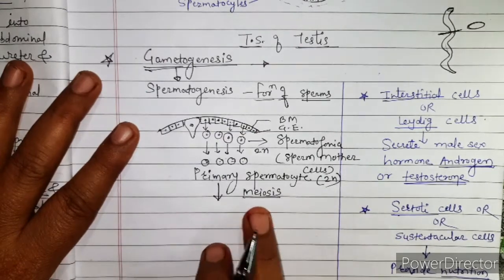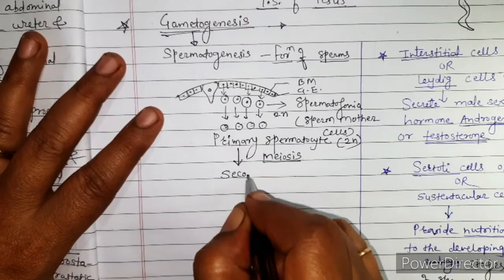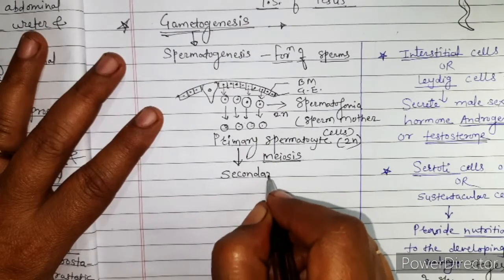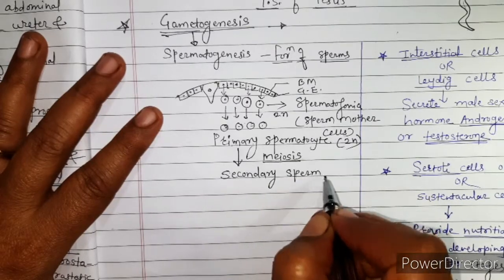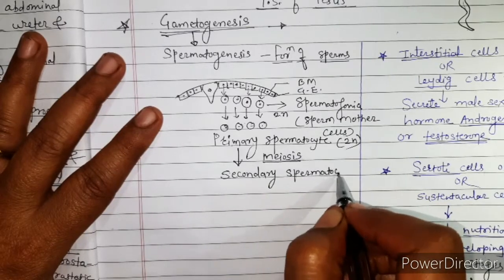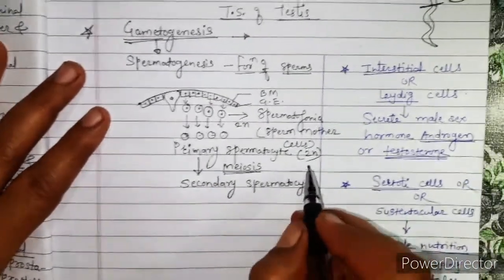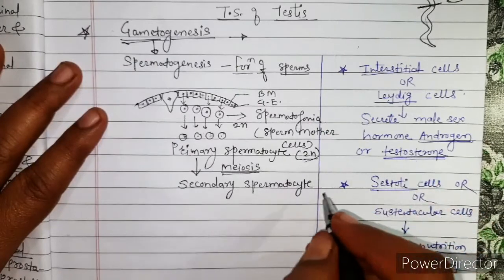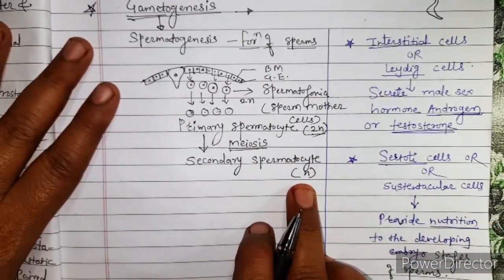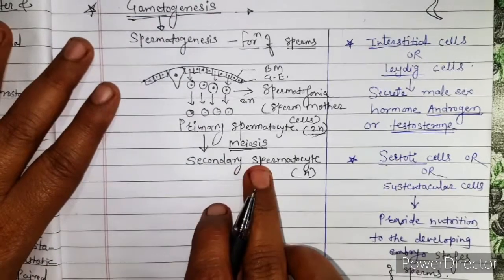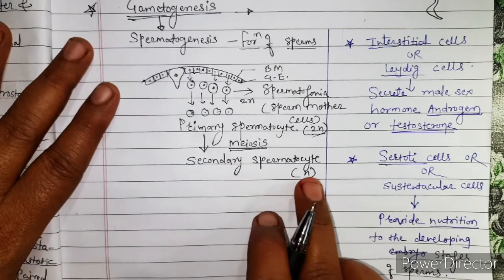You know that meiosis is a reduction division, and it produces the secondary spermatocyte. Due to meiosis, the number of chromosomes is reduced to half. So only one set of chromosomes is there in the secondary spermatocyte, denoted as 1n. 1n means haploid condition.